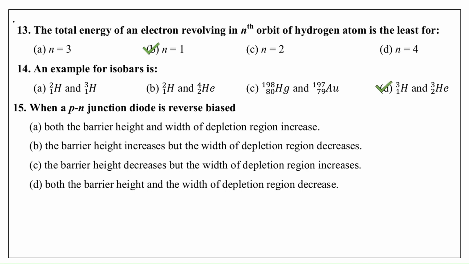Answer is option D. 3H1 and 3He2. Next. 15. When a p-n junction diode is reverse biased. Answer is option A. Both the barrier height and width of depletion region increase.